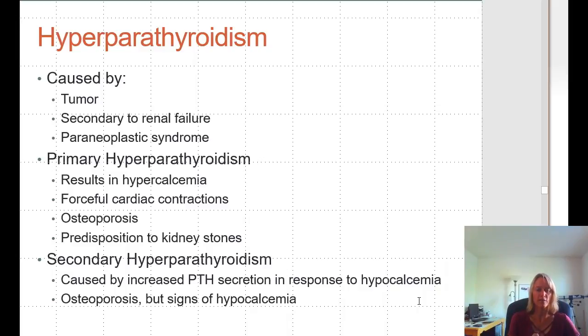And parathyroid hormone is going to increase and it's going to break down bone. So it's going to continue to break down bone, but we don't have enough, and the kidneys also can't absorb enough calcium. So we can have high parathyroid hormone and at the same time hypocalcemia and osteoporosis.